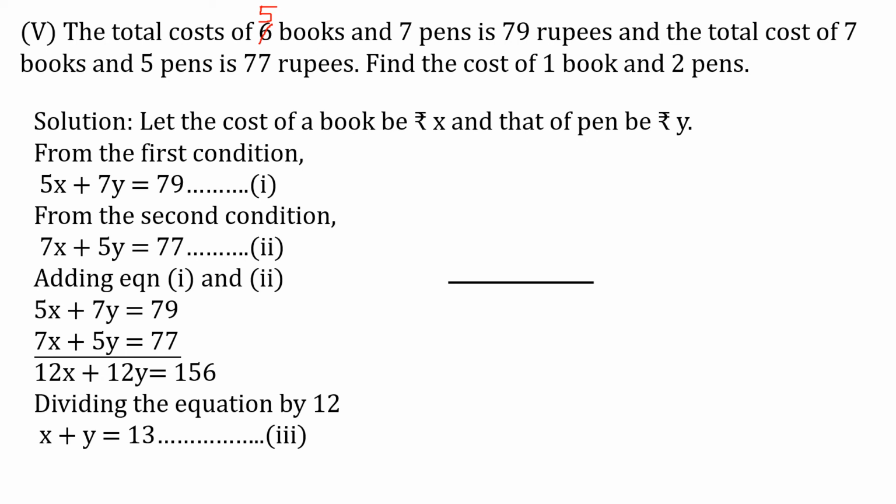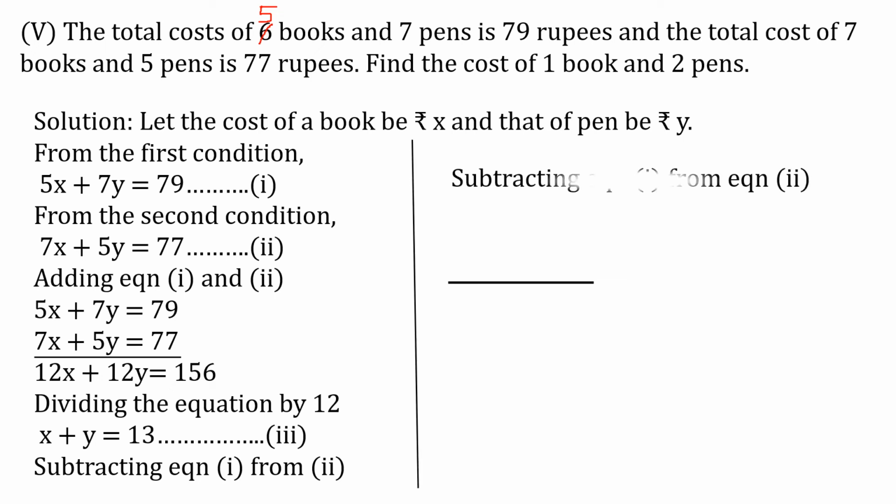We'll now do subtracting of both the equations. Next will be subtracting equation 1 from equation 2. So students, you write down 7x plus 5y equal to 77 and 5x plus 7y equal to 79.